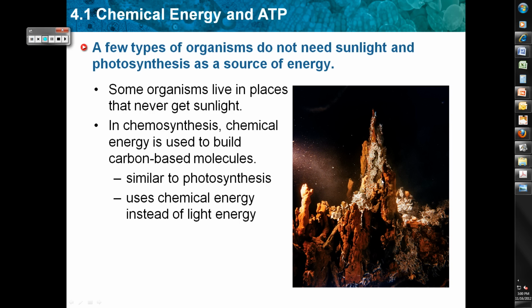Now, the only reason there's any light in this picture is that someone's in a deep sea submersible and they're using their headlights to show you this little colony that's built off of the bacteria that can do chemosynthesis, and then tube worms and other kinds of organisms eat that bacteria and have this fun little ecosystem way, way deep in the ocean.